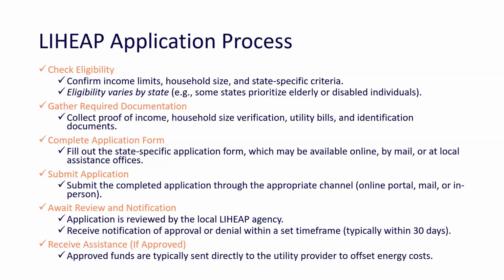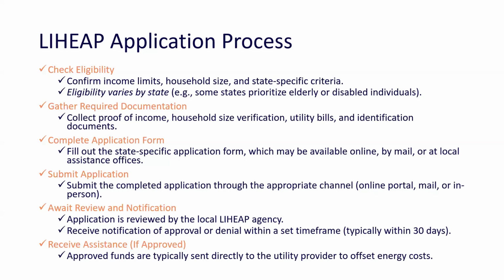Let's talk about the LIHEAP application. Again, feel free to put your comments in the chat. This is about you. We can stop and answer questions, but let's talk about the application process. Of course, as I talked about earlier, the goal is to make sure low-income families apply for this. So the first thing when you do an application, you want to confirm your client's eligibility for that specific area.